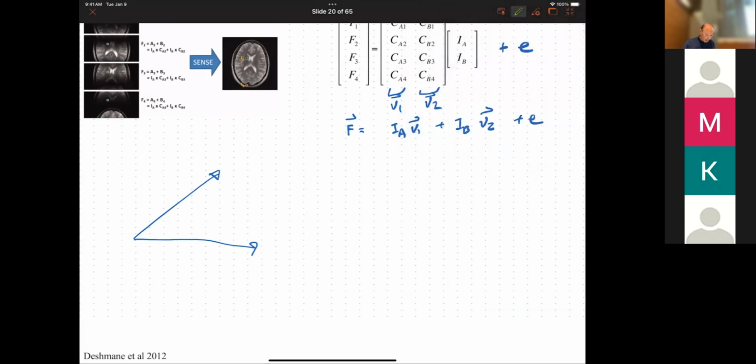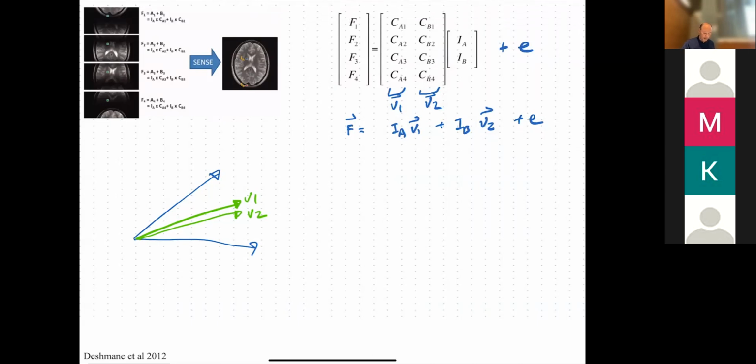Okay, so let's take the case where V1 and V2 are very similar. Okay. And then my F vector does not have to lie in that two-dimensional space because it's a four-dimensional vector, right? So the F vector could lie out here.